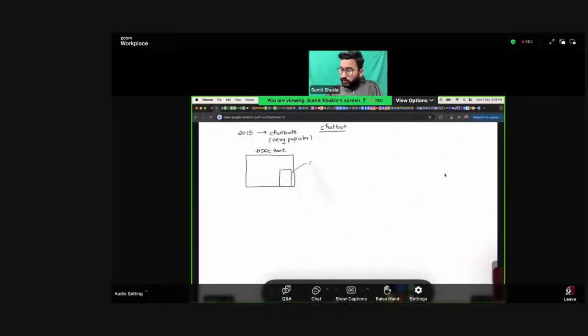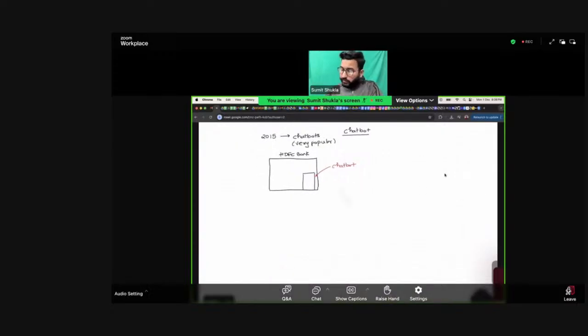Now, if you ask this chatbot a question, let's say your query is how to open a savings bank account.